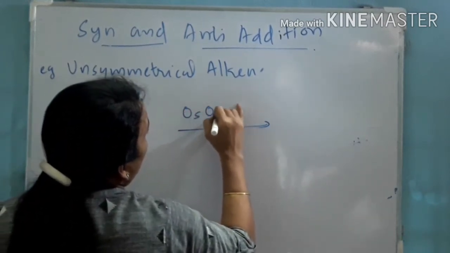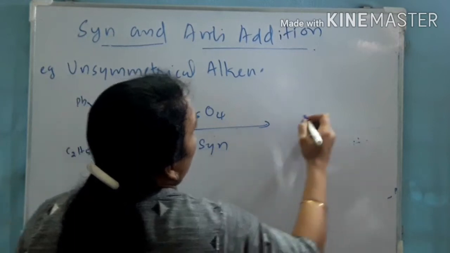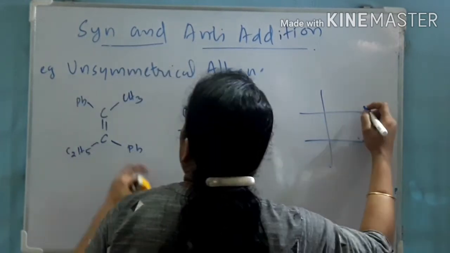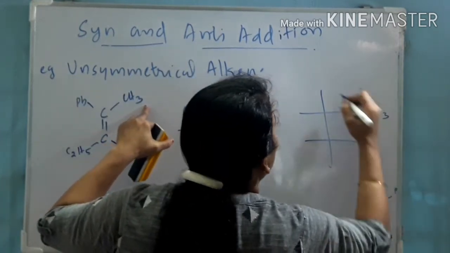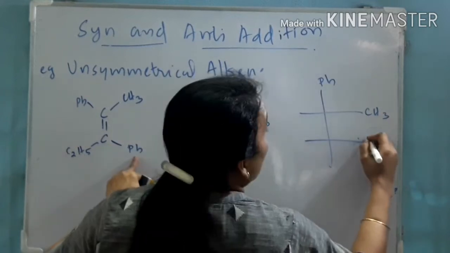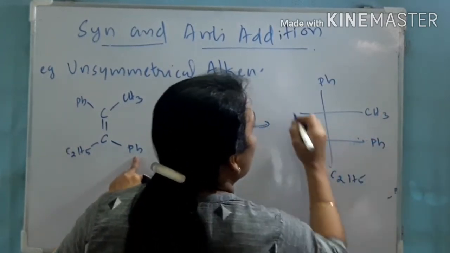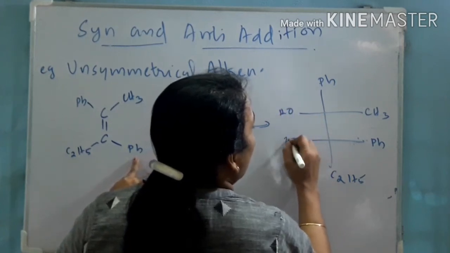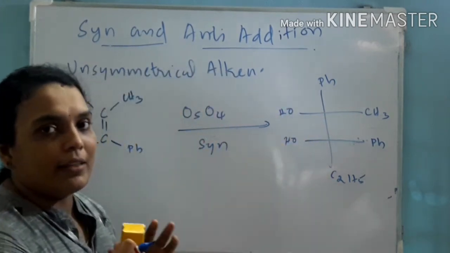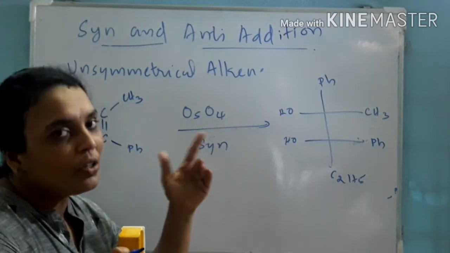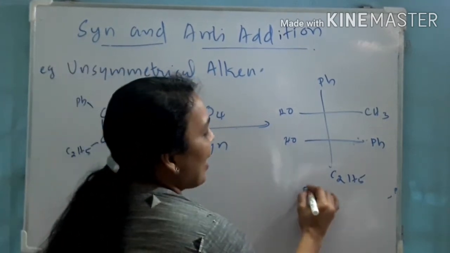Undergoes syn addition. So the product, let us draw the Fischer projection. Ph, C2H5, OH, OH. Again, is it a meso compound? No. Again, it is an enantiomer.